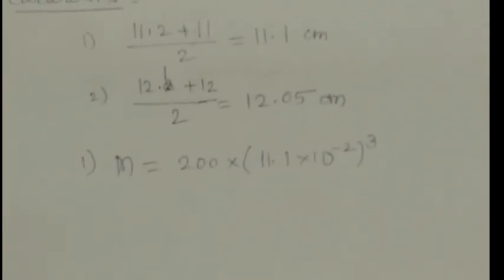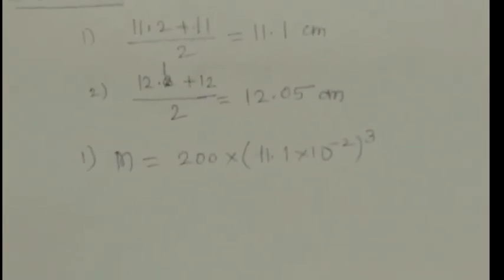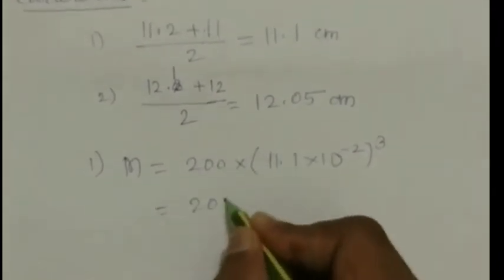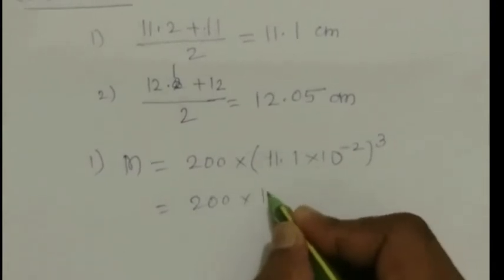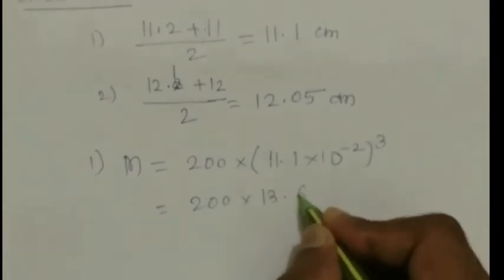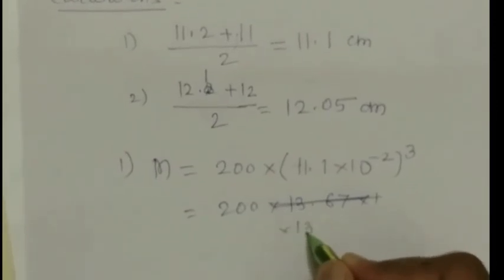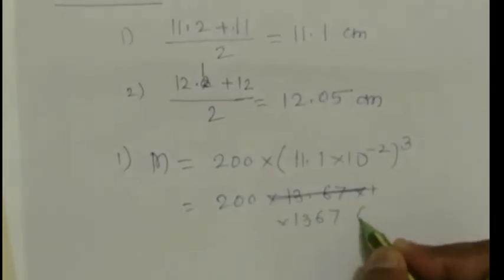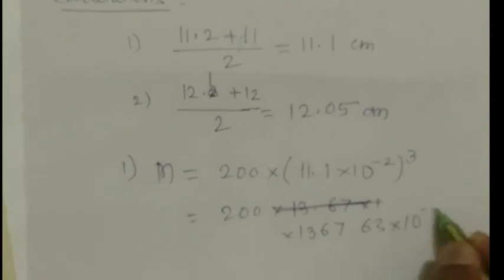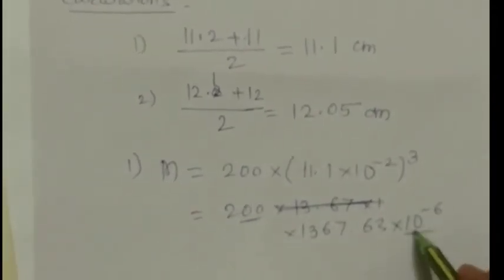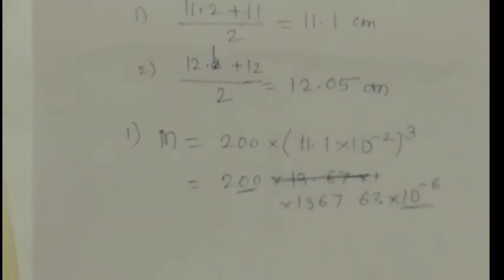If we solve the cube of 11.1, we will get 200 into 13.67. If we solve this, we will get 1367.63 into 10 to the power minus 6. So these two zeros will cancel out with this, and here we will get 10 raised to minus 4.